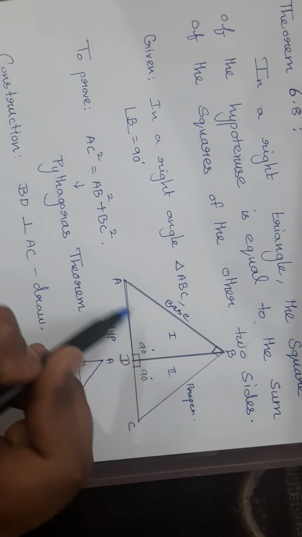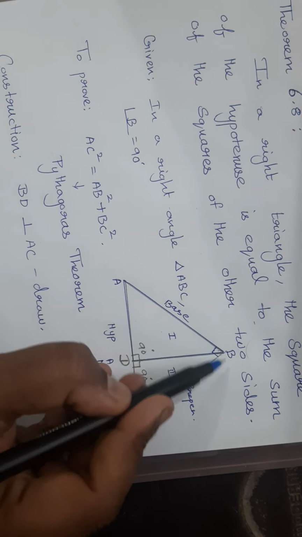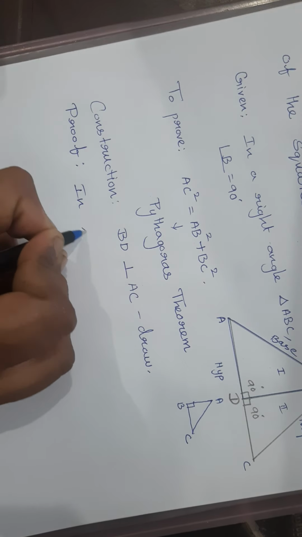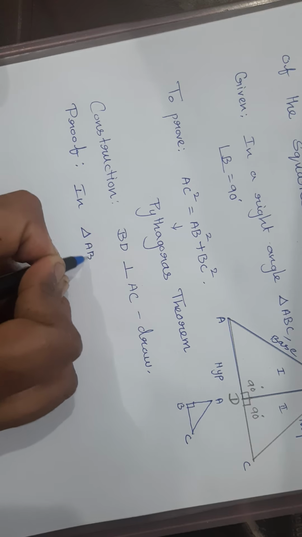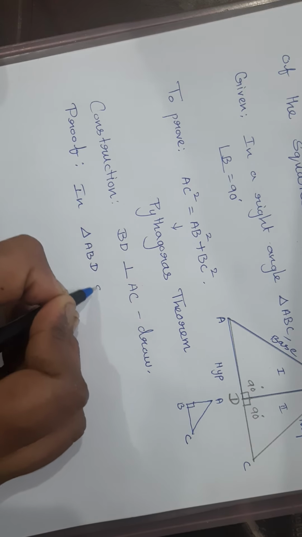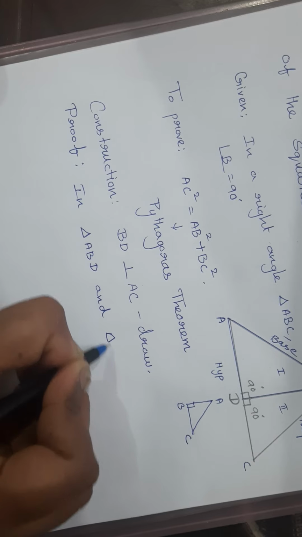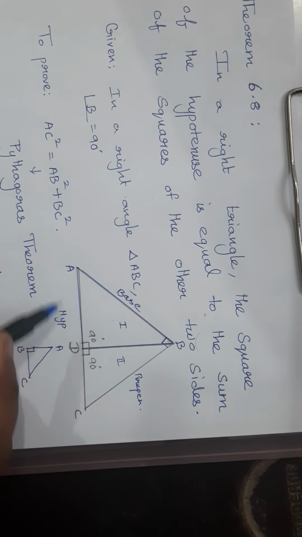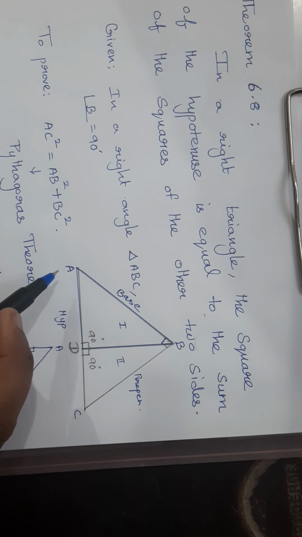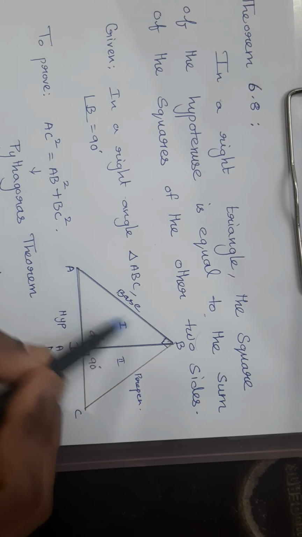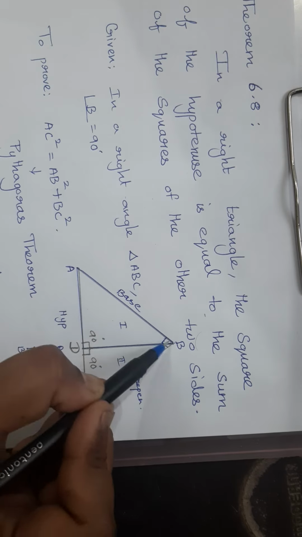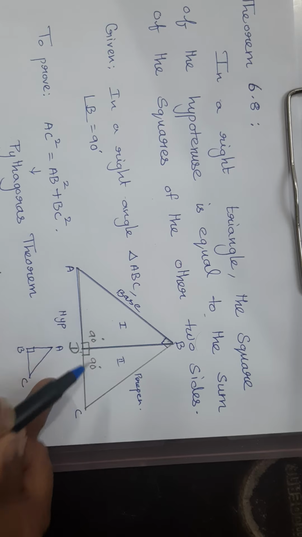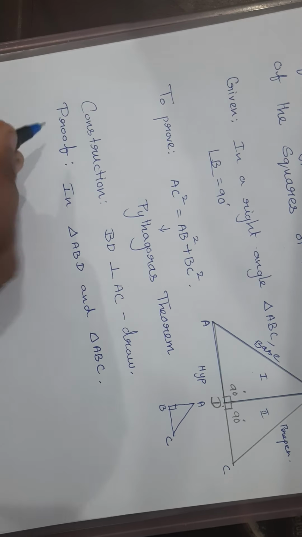That means triangle ABD is similar to triangle ABC, using theorem 6.7, because of this 90 degree perpendicular.